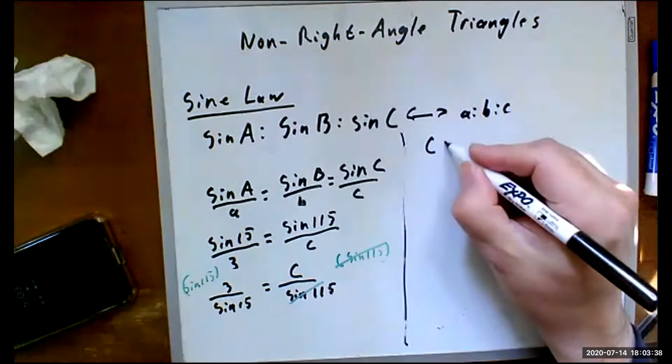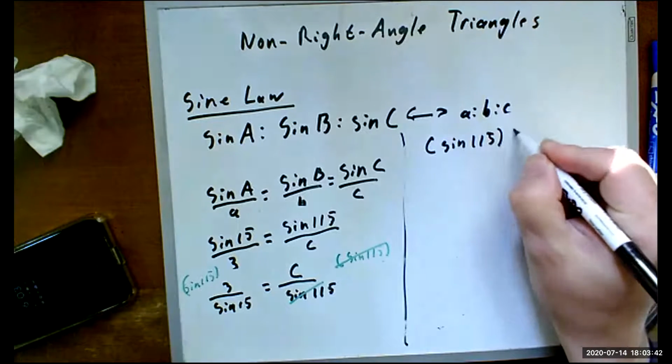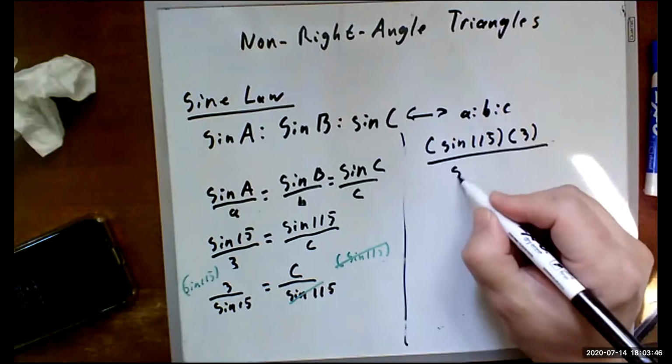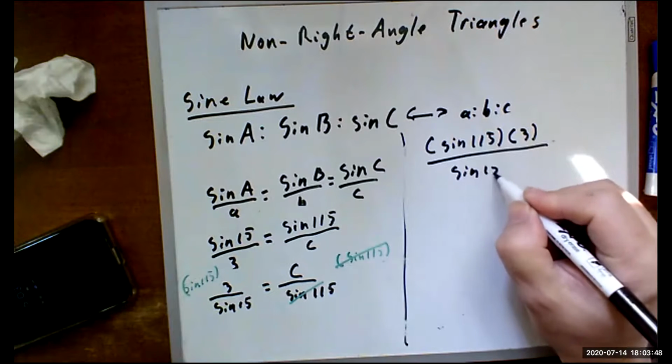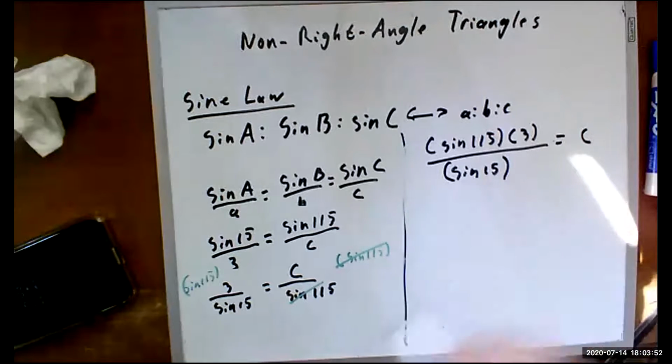And I will have sine of 115 times 3 divided by the sine of 15, and that's going to be equal to c.